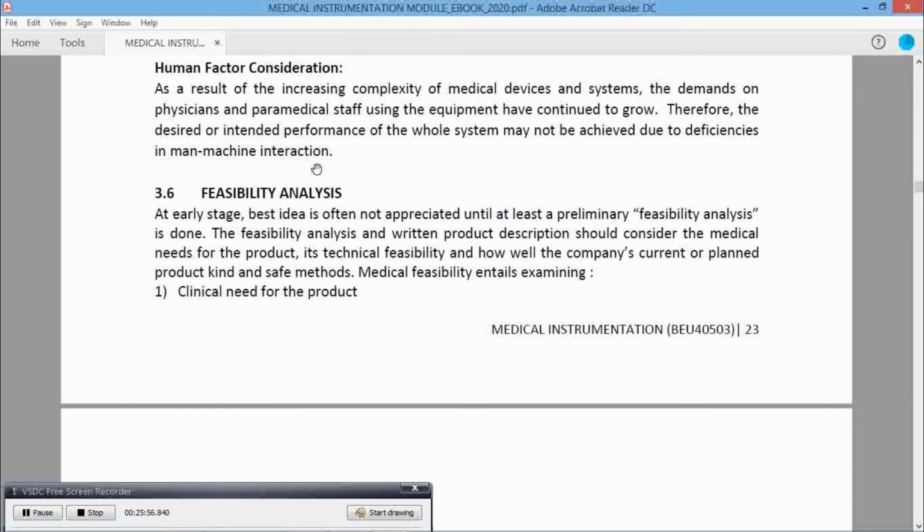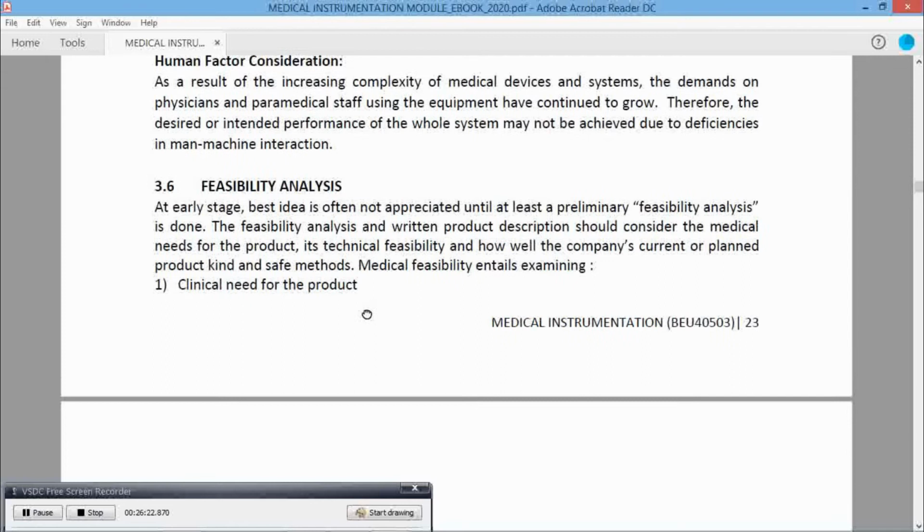So what they want is a user-friendly system, so that even with minimum knowledge, you can still operate the system. This is where they call man-machine interaction. There is a lack of man-machine interaction. Why? Because if the system becomes too complex and complicated, then people need complex knowledge as well to operate the system.